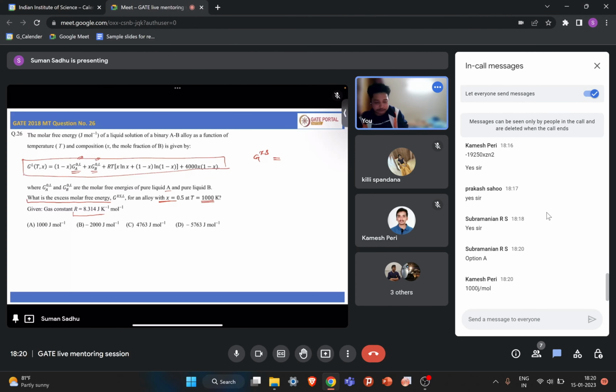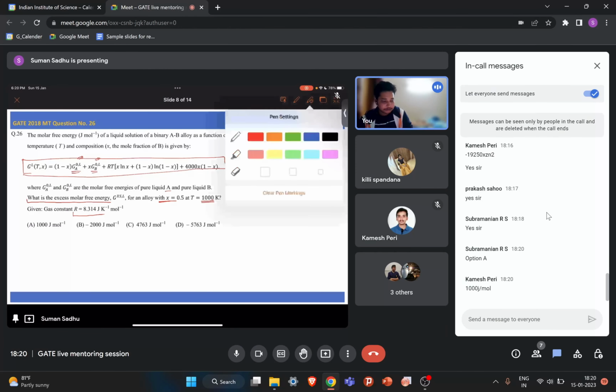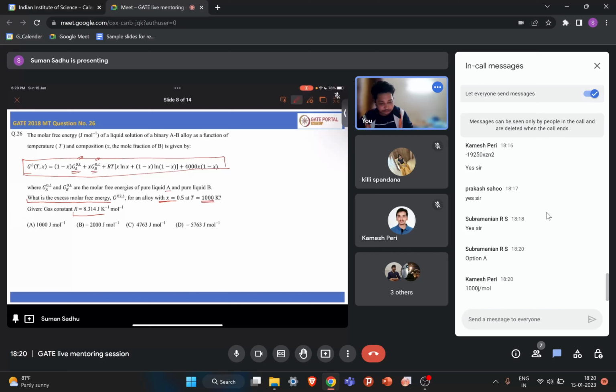Just see this equation and what we have derived today for regular solution: XA GA naught plus XB GB naught plus RT (XA ln XA plus XB ln XB) plus omega XA XB. So up to this part it was ideal and this part was excess.